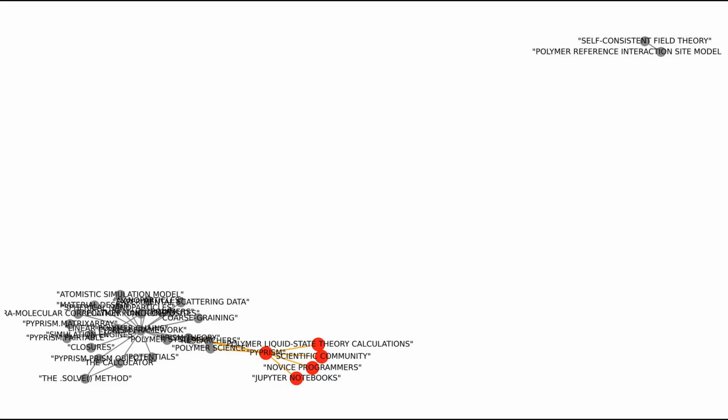It enables a broader range of scientists, including those who may not have a strong computational background, to engage with and utilize advanced theoretical methods. This leads to more diverse contributions and perspectives in polymer science, fostering innovation and accelerating the development of new materials and applications. So in essence, by lowering barriers to entry, pyPRISM helps create a more inclusive and collaborative scientific community.